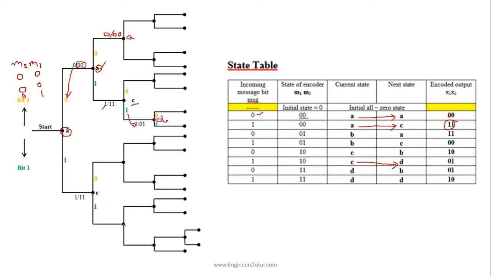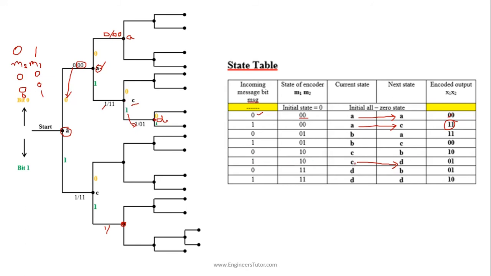Similarly, we want to find the state of this encoder at this point. So initially the encoder is at state C, the incoming bit is 1, and the previous two bits M1 M2 will be 1 and 0. So M1 M2 is 1 0, and the incoming bit is 1, so 1 1 0.